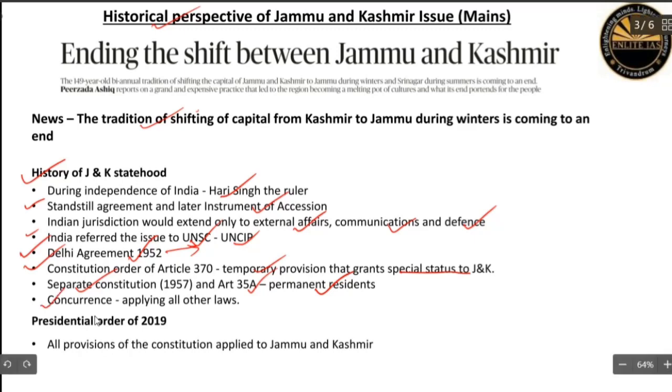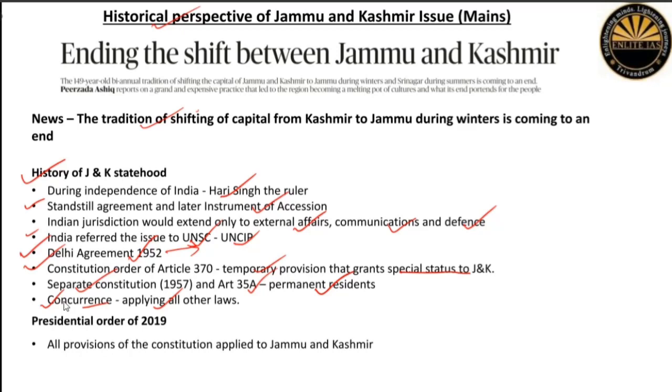And another important clause under the special status was that any law passed by Parliament could be applicable in Jammu and Kashmir only on the concurrence of the state assembly. So these are the key aspects of the special status of Jammu and Kashmir.